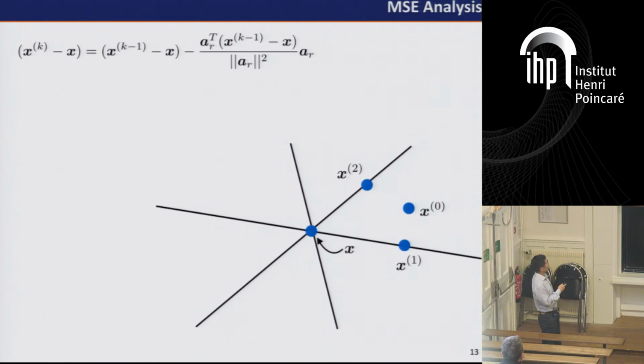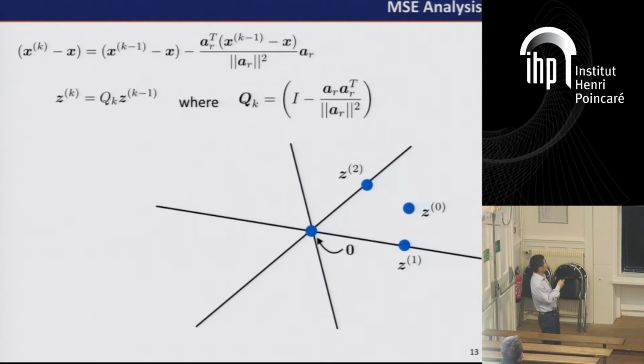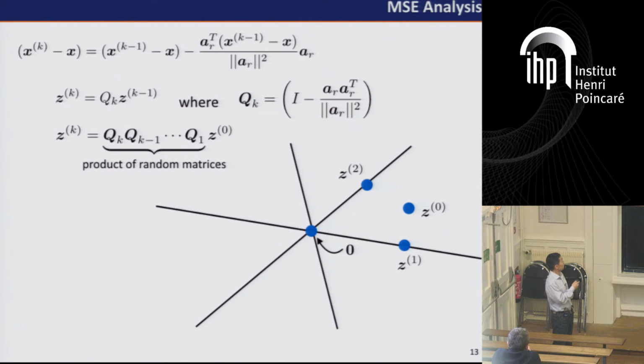And we call the difference z_k. Okay? z_k is the error vector at iteration k. And the update is nothing but a matrix multiplication because it's a linear algorithm, right? And Q_k is a projection operator onto one of these constraints, right? Now, if you do the recursion, then after k steps, what you obtain is a product of these projection operators multiplied with your initial error vector, okay?